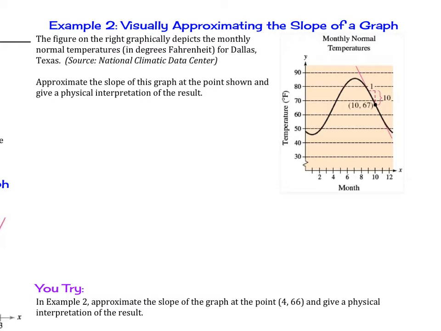Now you have to be careful, number one, that it is a scaled graph. So just be careful with that. And then they found that it's approximately 10 over 1. Now it's negative 10 over 1. So again, slope: it's up 10, which is positive, and then left 1, which is a negative 1. So slope is negative 10. Now what does that tell us?